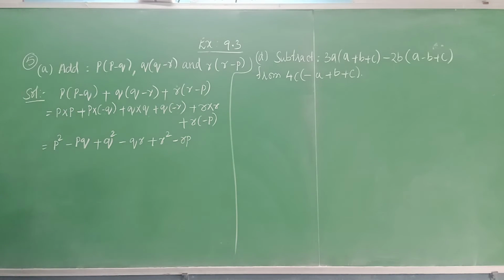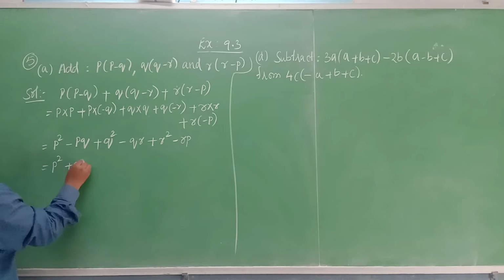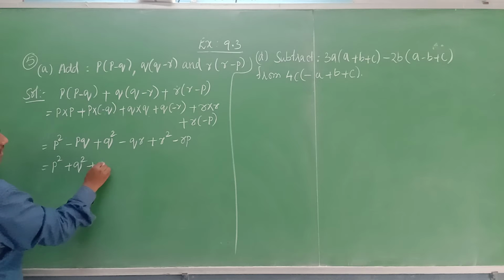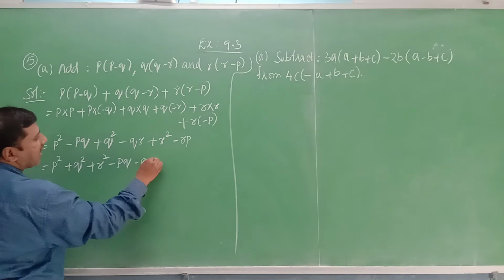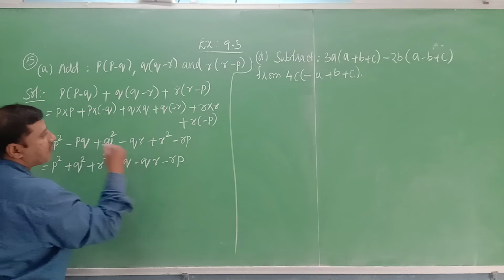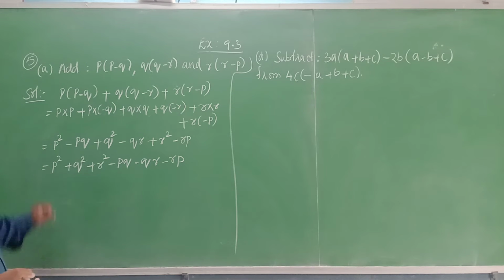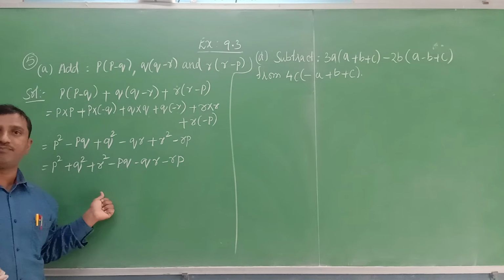Now rearrange the terms. We get P square plus Q square plus R square minus PQ minus QR minus RP. So like this, you can find the products or you can add them to get the required sum.